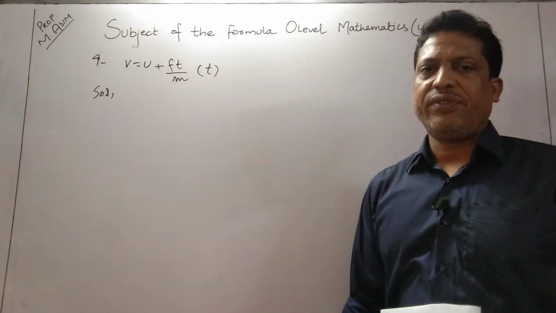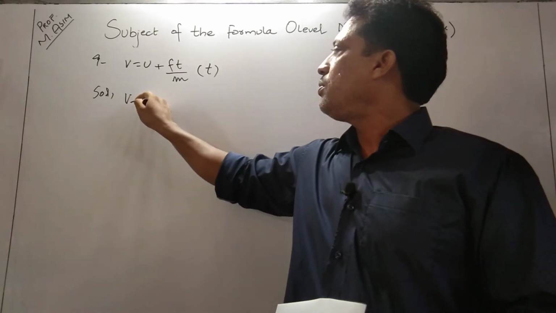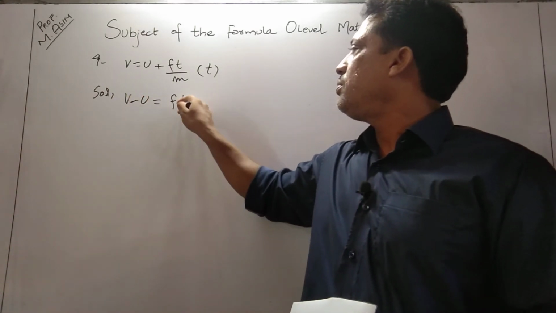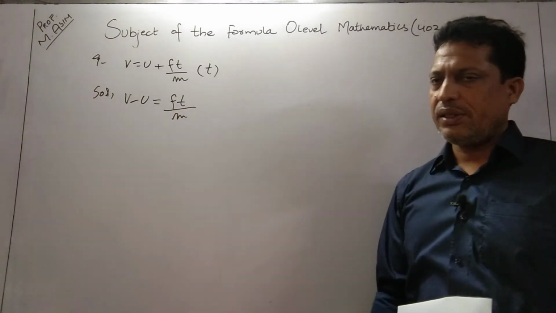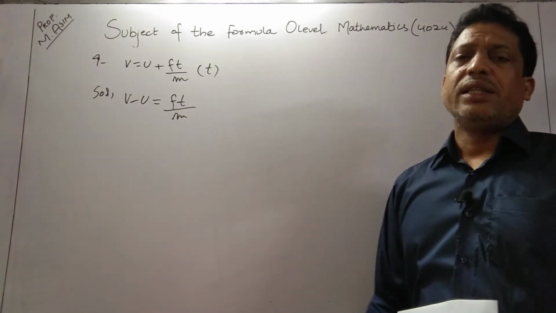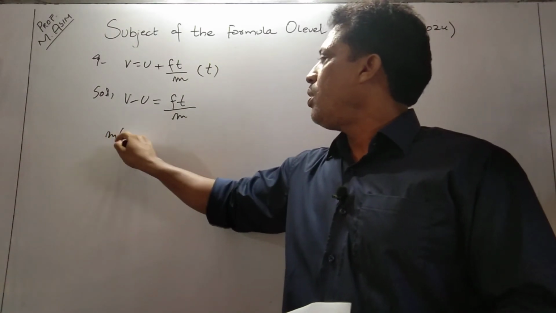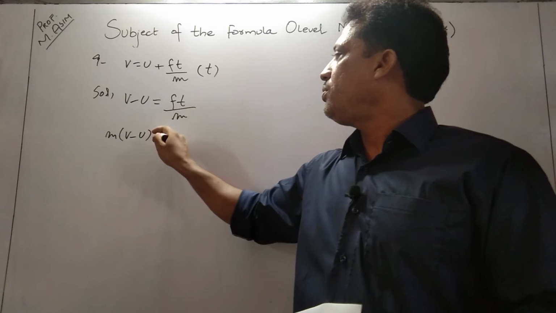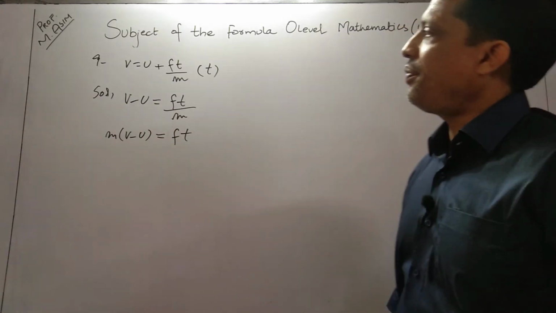First, shift u to the other side, it becomes minus u. The second step is this m is divided, so this should multiply on the other side: m(v minus u) is equals to ft.